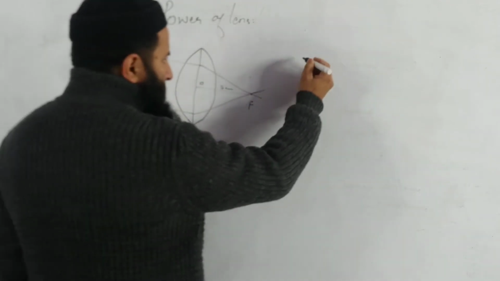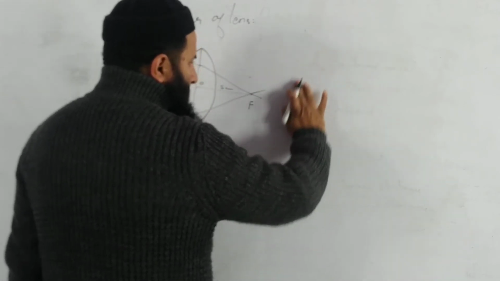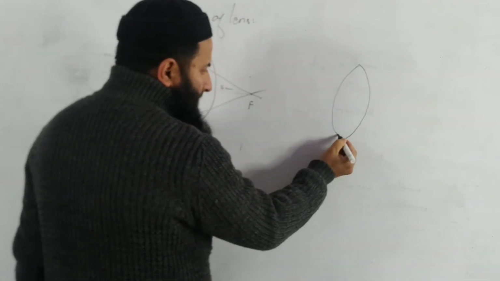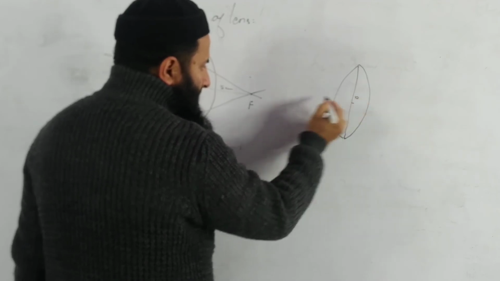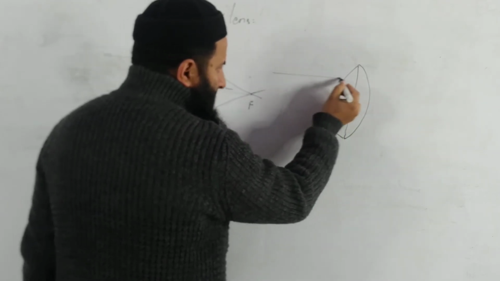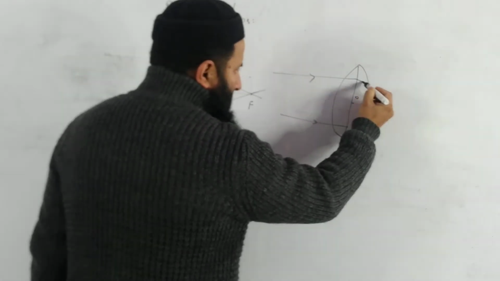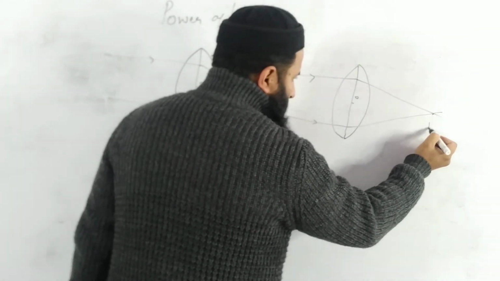There is one more lens. So optical center. Let these be light rays. This is F.